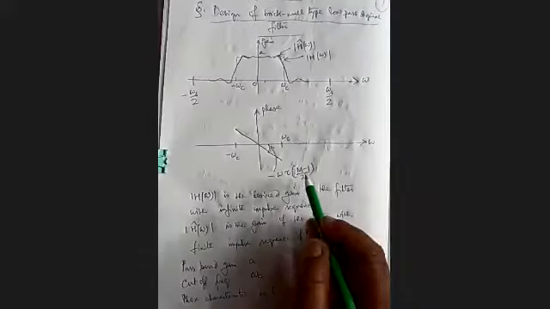It indicates that the impulse sequence has shifted in the time domain by an amount of m minus 1 by 2. Okay. So the filter becomes causal.